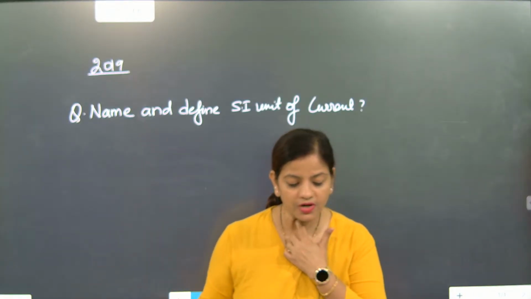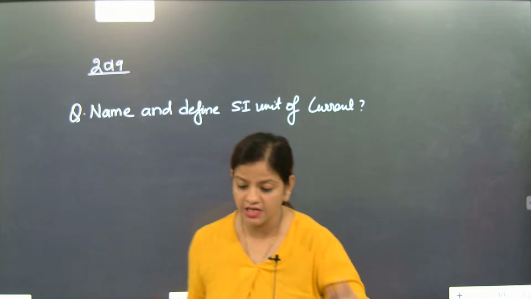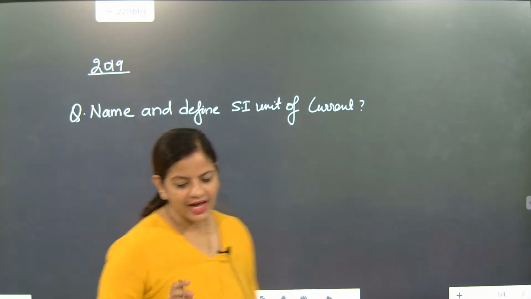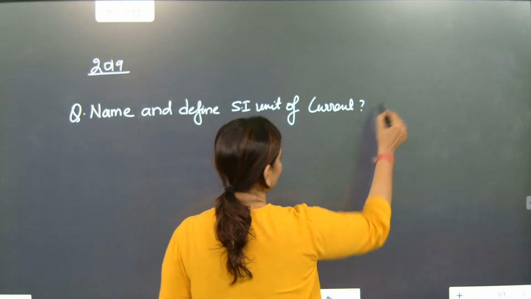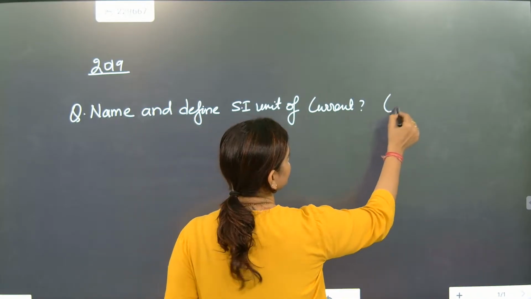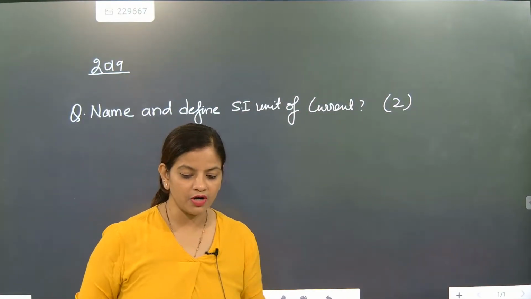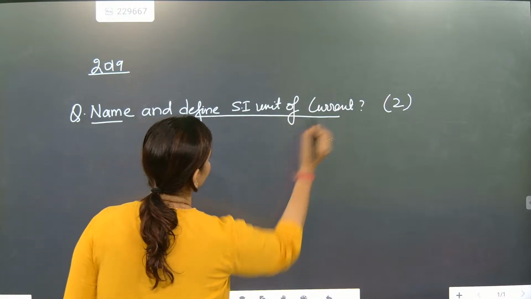So now, beta, how to write it? Presentation and writing the perfect answer is the need of the hour. So how are we going to present in the board examination? Say I am writing the board examination, and this question came for 2 marks. Now, how am I going to write the science answer? That is the most important. They said name and define SI unit of current.